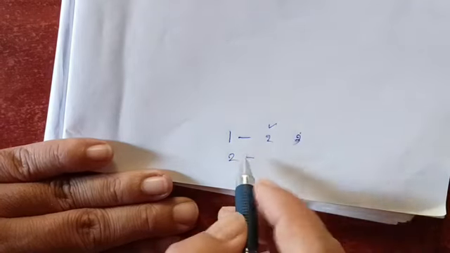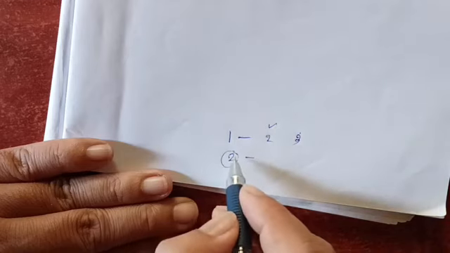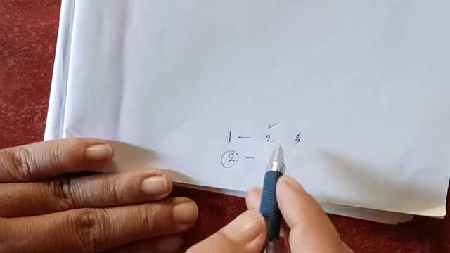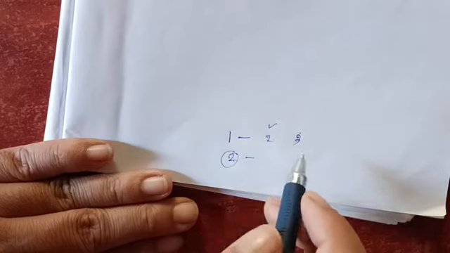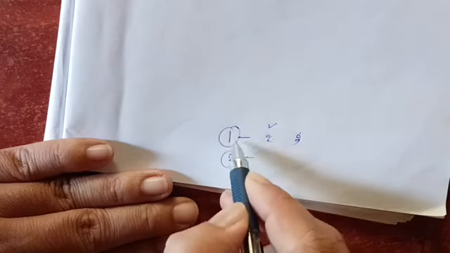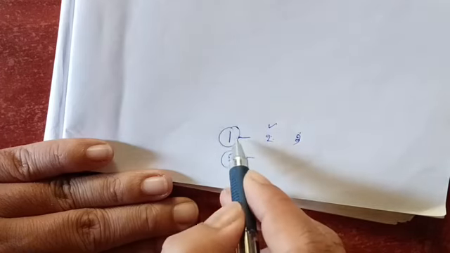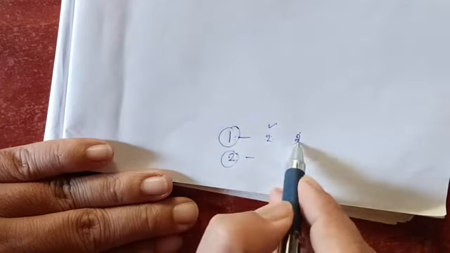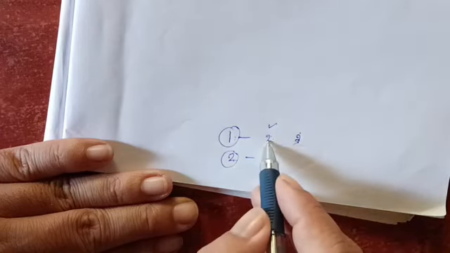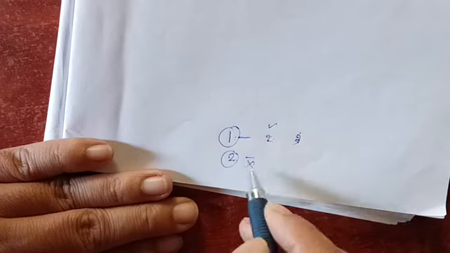Then we cannot take this 2. Because 2 can be divided by 2, so we will only consider a number where it is not divisible by 2 and 3. Okay, 1 cannot be divided by 2 and 1 cannot be divided by 3. Then 2, it can be divided by 2, so that's why 2 cannot be taken.